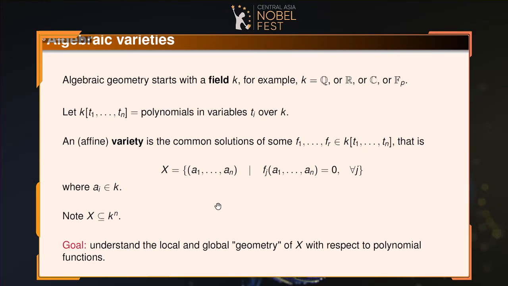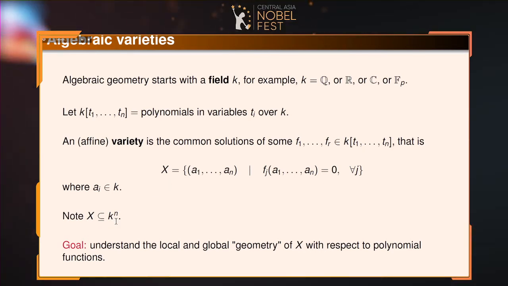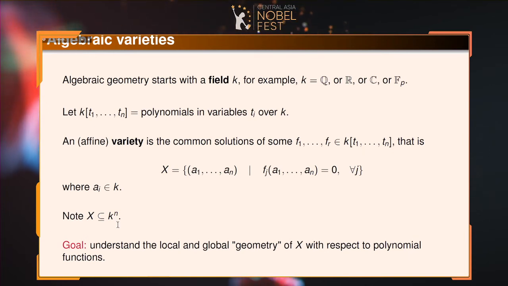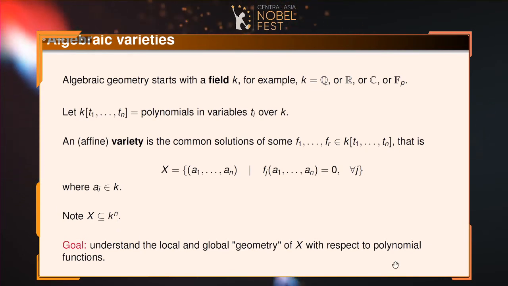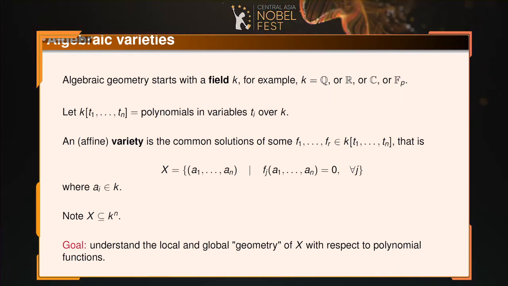So starting with something which is algebraic, these polynomial functions, the whole polynomial ring, and then choosing some polynomial functions of our system, we are led into something which is geometric. If the field is the field of real numbers, then it's not difficult to imagine that R to the n itself is something geometric, and if you consider a subset inside this n-dimensional space, then it also has a kind of geometry.